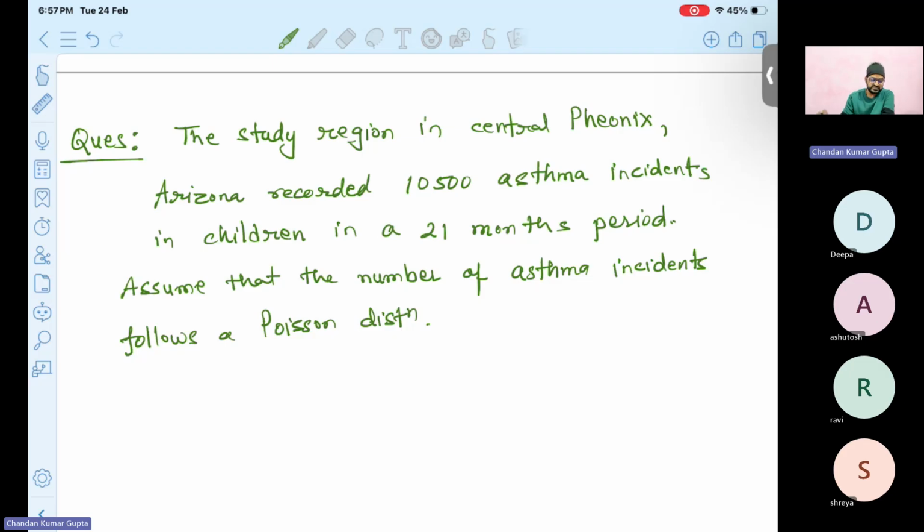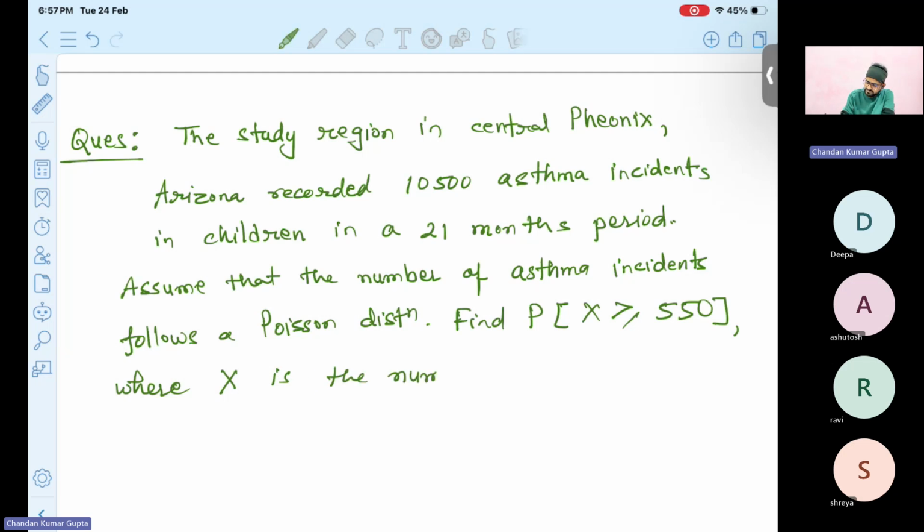We need to find the probability that X is greater than or equal to 550, where X is the number of asthma incidents in a month.